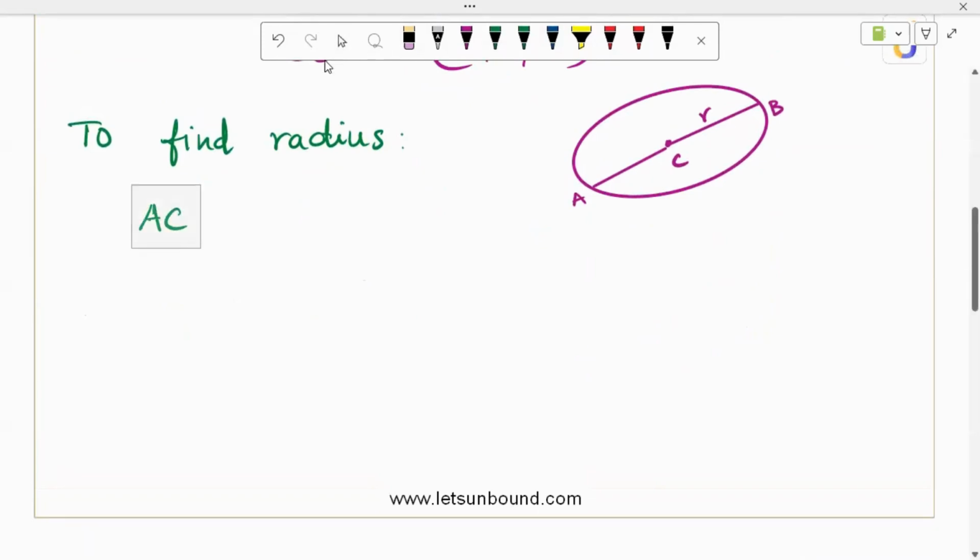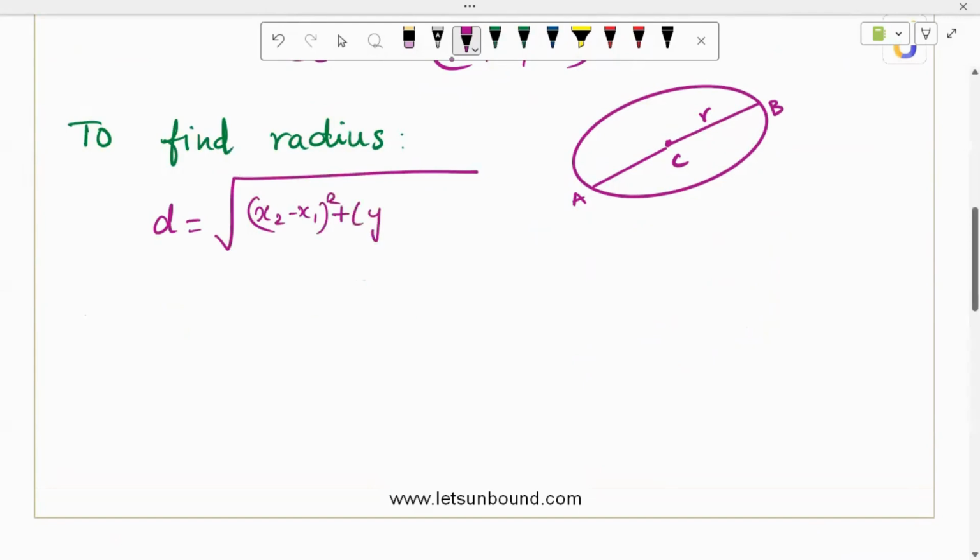What is the distance formula? The distance between any two points in a 3D plane is the square root of (x2 minus x1) the whole square, plus (y2 minus y1) the whole square, and for the third axis, (z2 minus z1) the whole square. Just substitute.